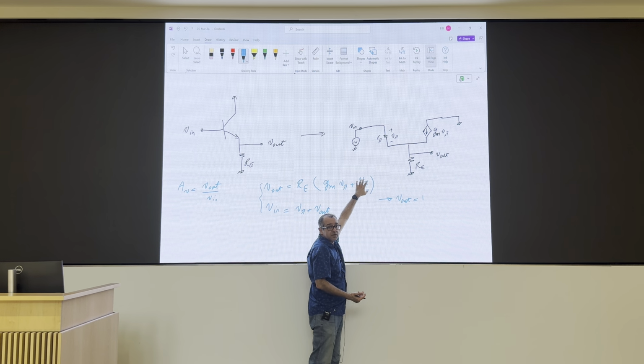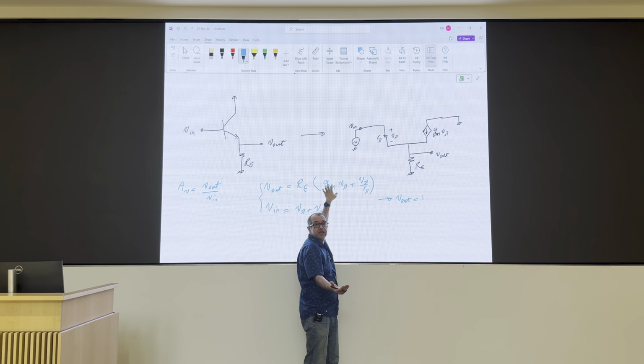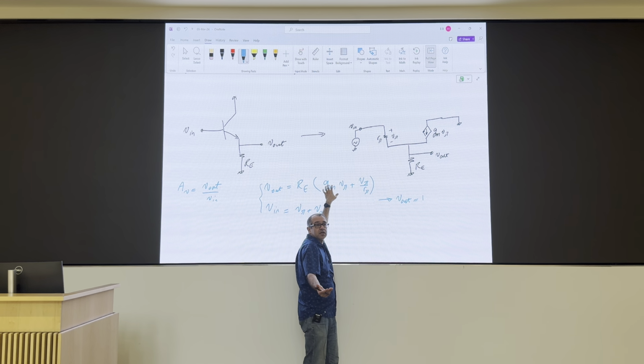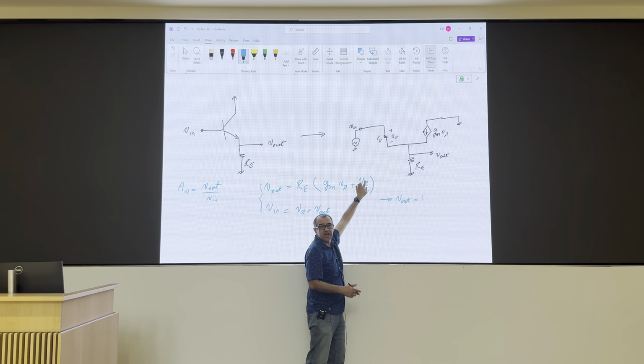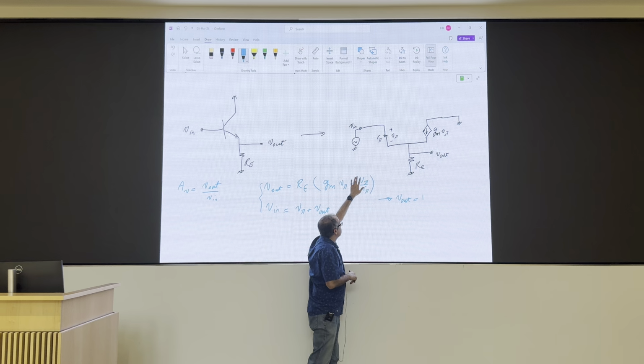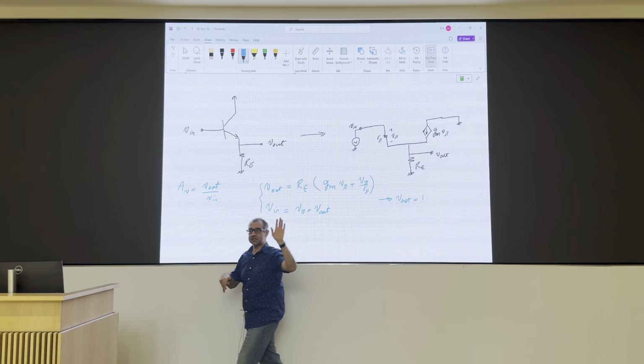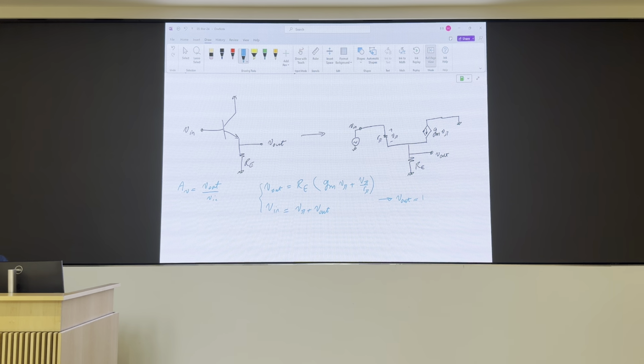So this term is much smaller than this one. Beta is 20, 50 if you're unlucky. Typically it's 200, 300. So this V pi over R pi term is much, much smaller. At the beginning, don't make these assumptions, but over time you'll see where you can make these kinds of simplifications. I'm going to ignore that; less than 1% error, I can live with that.